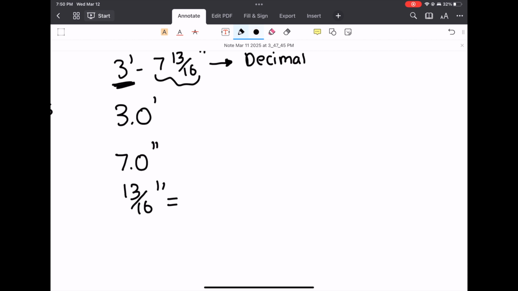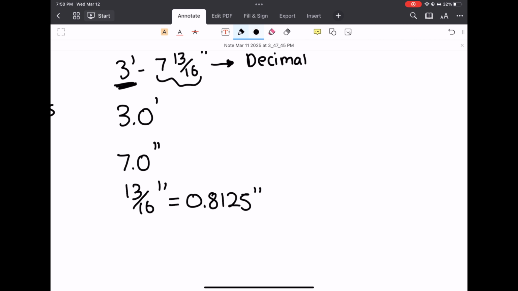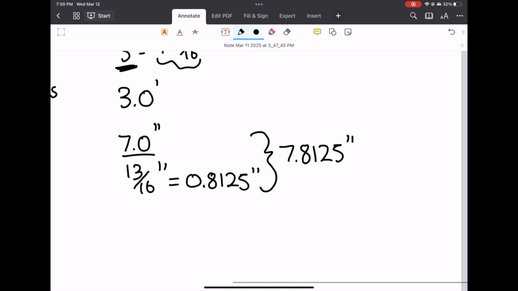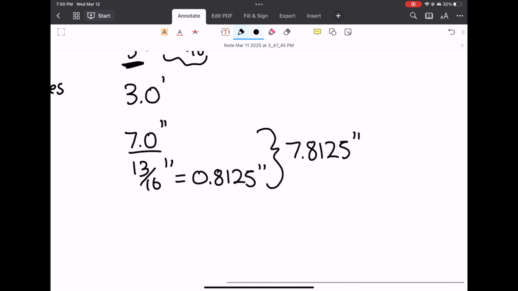What is this in decimal? 13 divided by 16 is 0.8125. So that's in inches, and we have 7.0 inches. Let's add them together: 7.8125 inches.